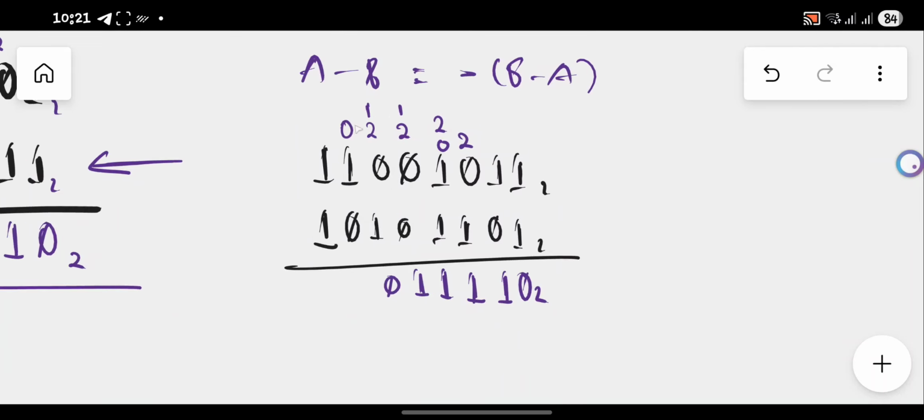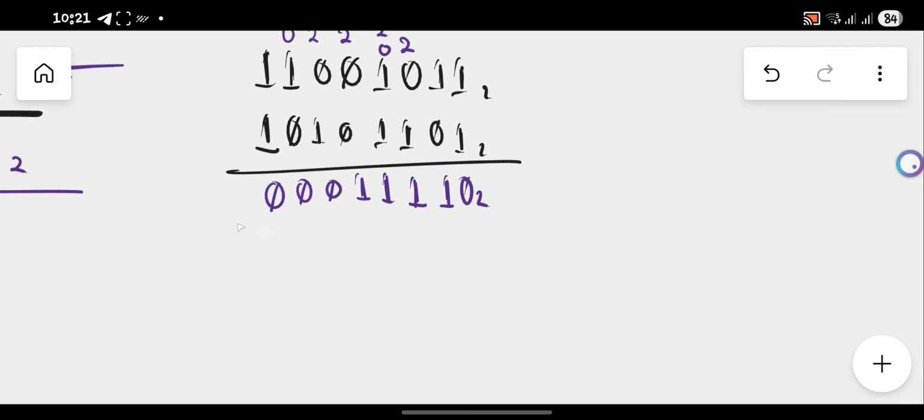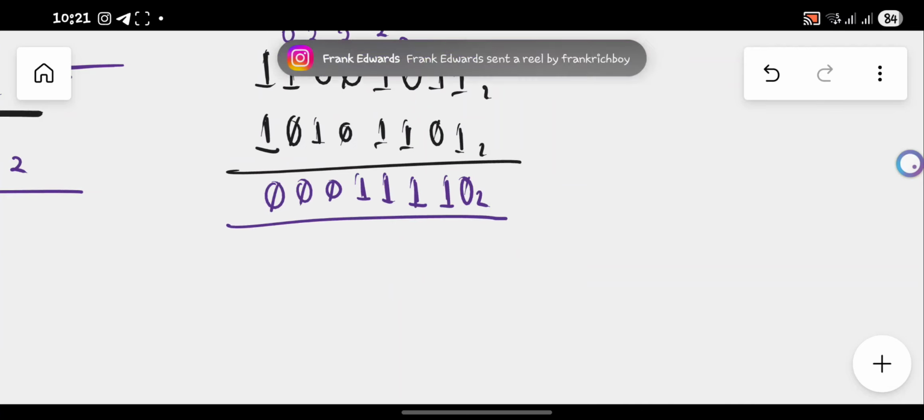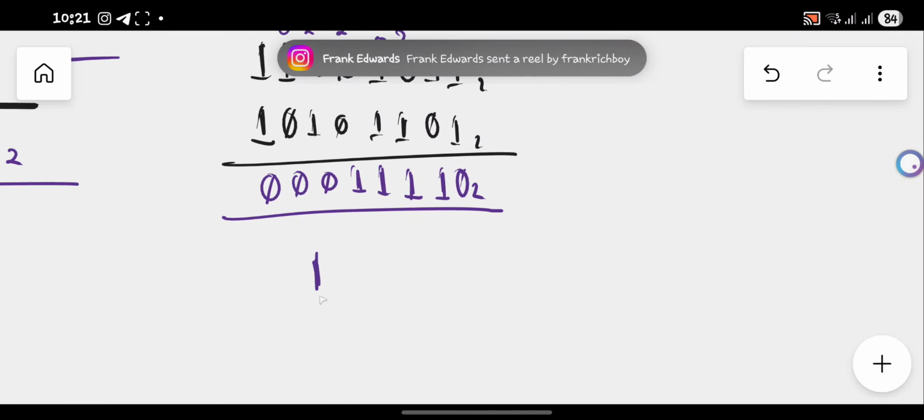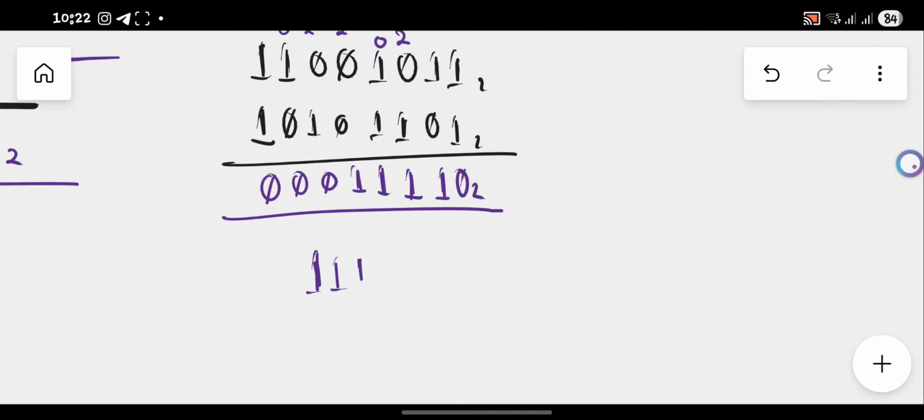Then here is 0, so that will be 0. And here is 1 minus 1, so this is 0, right? So we are going to get 1 1 1 1 0 with the preceding zeros, which is an 8-bit number, right?